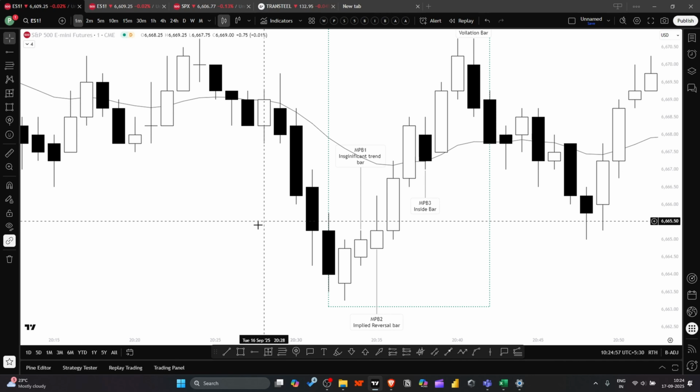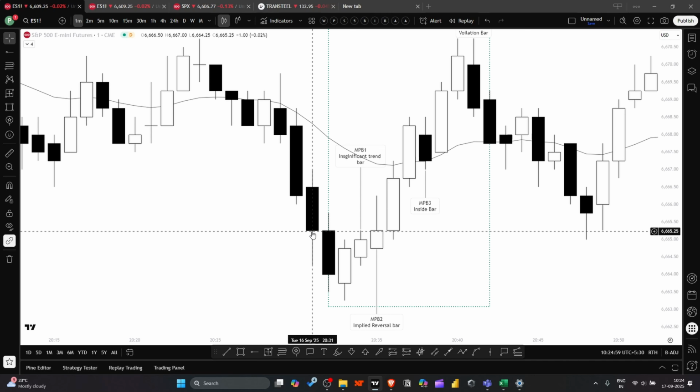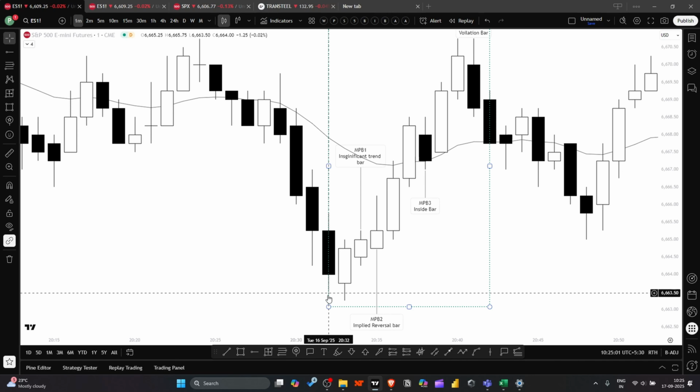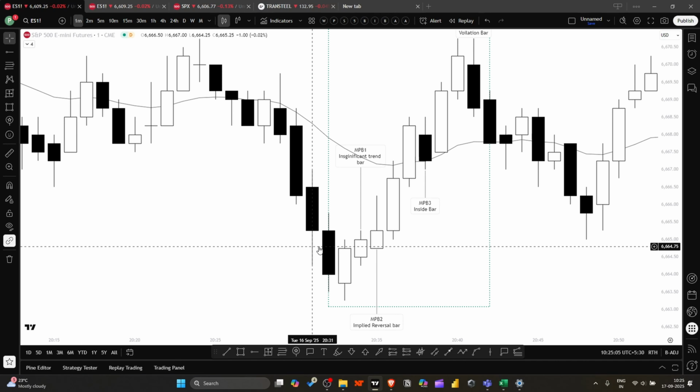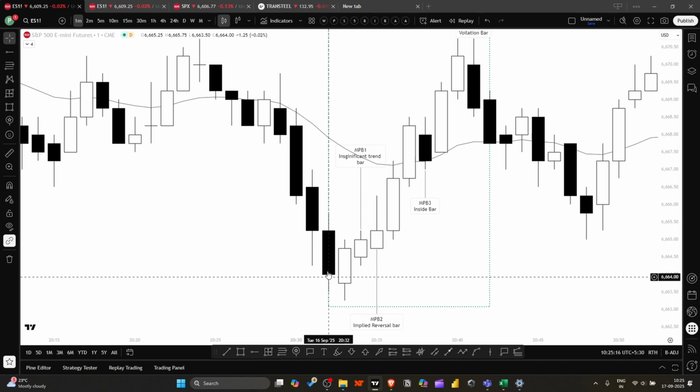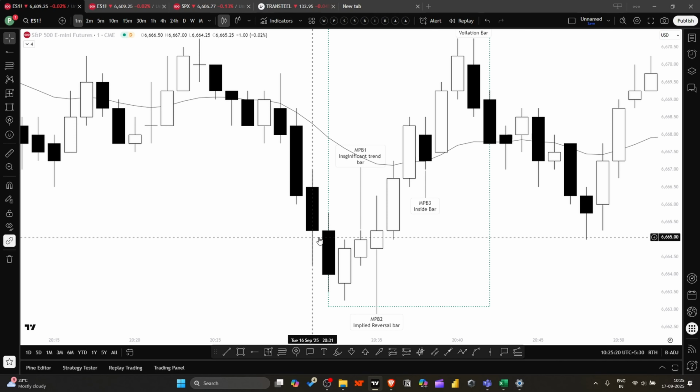Now we are on a 1 minute time frame. If you go to 30 seconds or 10 seconds, you will be able to find a bull reversal bar. That is why it's called implied. Although it has a bear body, due to the huge wick, it is signifying that there was a reversal at some point during the formation.